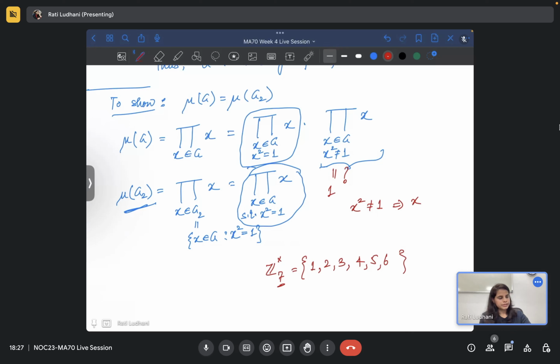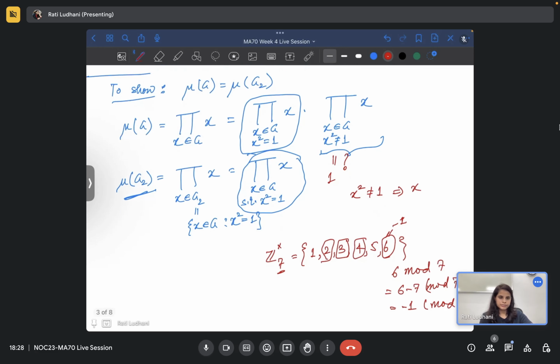As I was saying, 6 is equal to minus 1, because 6 mod 7 you can write as 6 minus 7, and that is minus 1. But other elements have some bigger order, and this is an abelian multiplicative group.